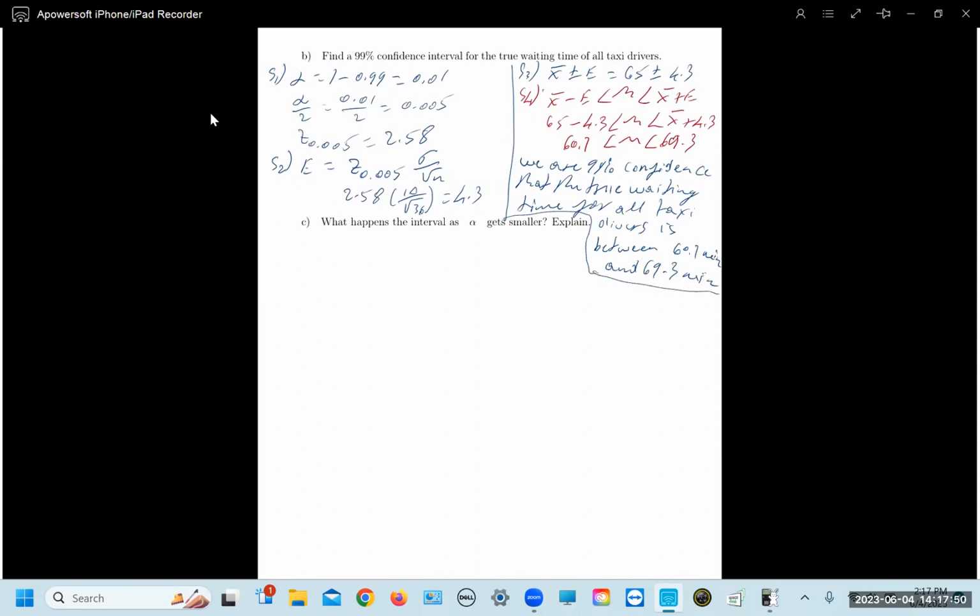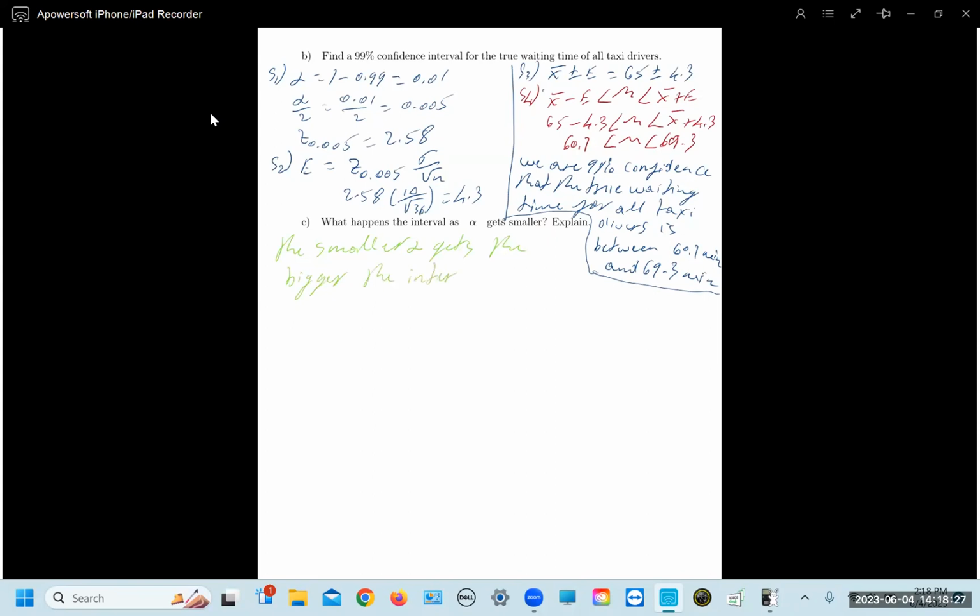Okay, so for part C, what happened? What happened is the interval: as alpha gets smaller, the interval gets bigger.